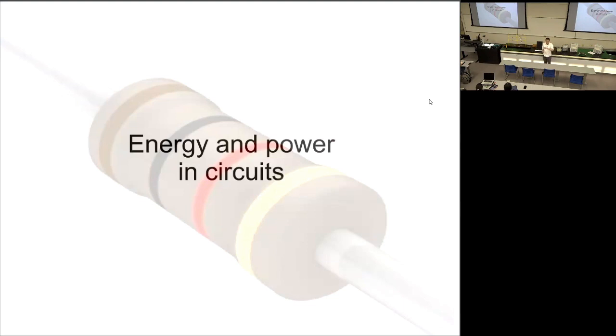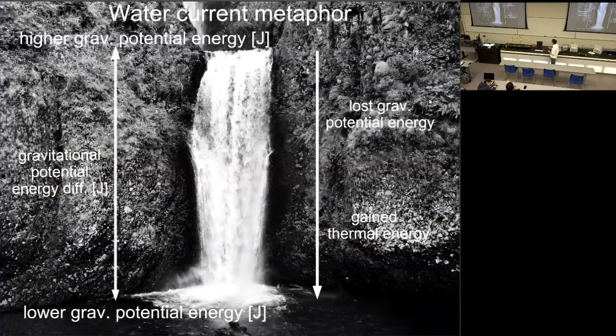So one thing we said at the very beginning of the class is that circuits can be thought of as arrangements in which energy is moved from, say, a battery to a resistor. It's supplied by the battery and it's dissipated by the resistor. And so we're going to explore that world a little bit.